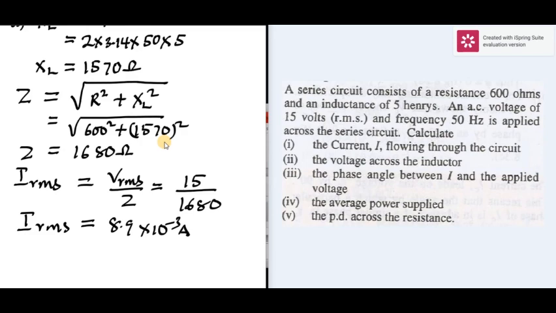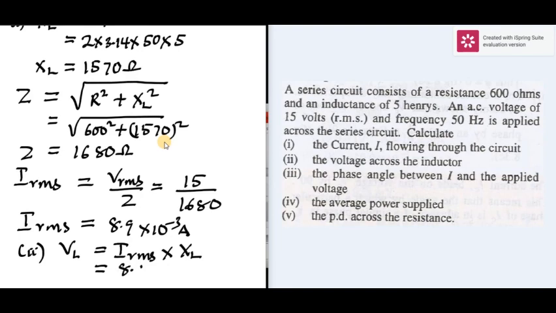Next, to find the voltage across the inductor, we use the expression: the root mean square current multiplied by the inductive reactance.